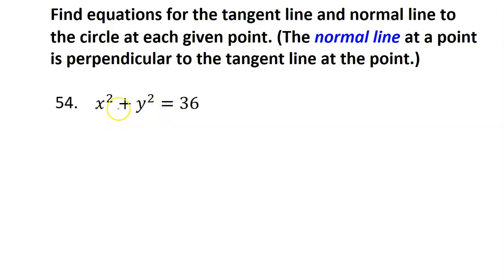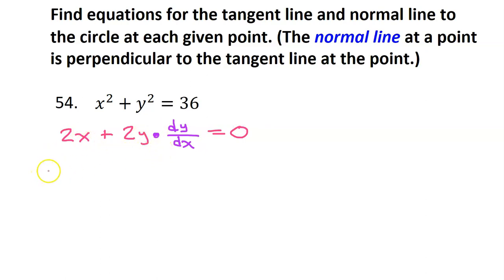Let's find dy dx. So the derivative of x squared is just 2x. And then we'll have to use the chain rule because this is a y and not an x. So we will do the derivative of the outer function, which is 2y. But then we will multiply by the derivative of the inner function, which will be dy dx. And then the derivative of a constant is 0.